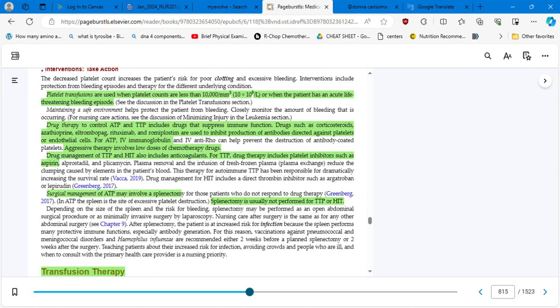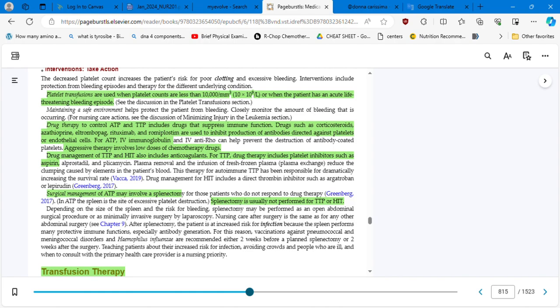Platelet transfusions are used when platelet counts are less than 10,000 or when the patient has acute life-threatening bleeding episodes. Drug therapy to control the autoimmune and the thrombotic types includes drugs that suppress the immune function, such as corticosteroids and rituximab, which are the most common, as I mentioned before.